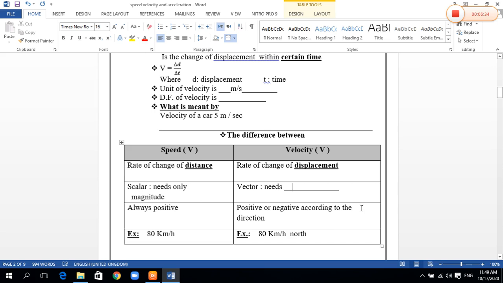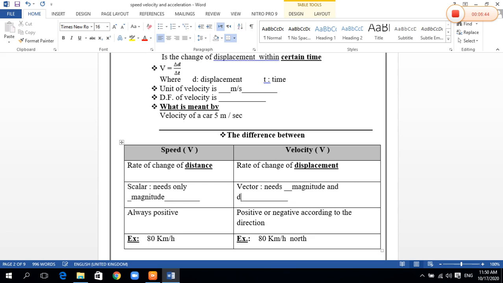But velocity is a vector physical quantity, needing magnitude and direction to be expressed. Simply, velocity is speed but with a direction.